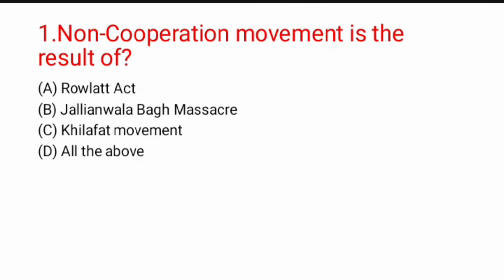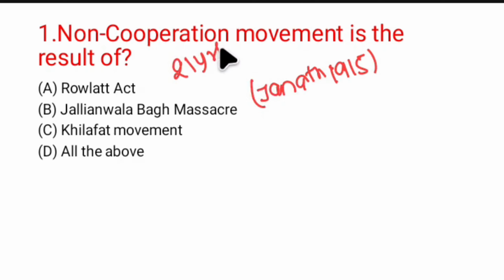Mahatma Gandhiji arrived in India on January 9th, 1915, after spending 21 years of his life in South Africa.